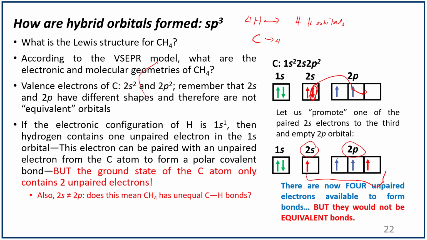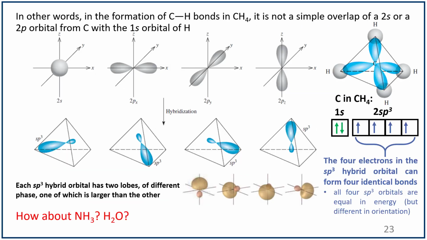What's missing here is the fact that you now have 4 unpaired electrons, but they're not equal. They're not going to form 4 equal bonds because there are 2 different types of orbitals.